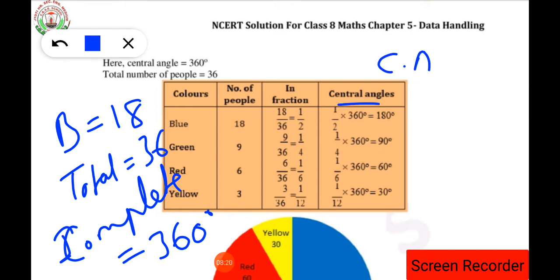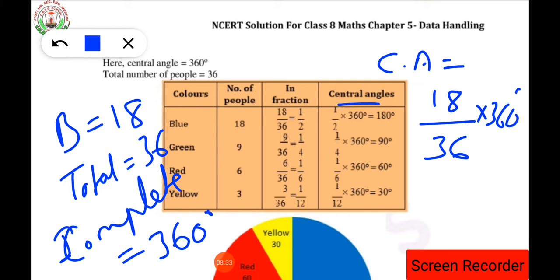So the central angle is equal to 18, the number of people who like blue, upon the total number of people, 36, into 360 degrees. And from where does the 360 degree come? From the formula itself, that is the angle of a circle. Now 36 ones are 36 and 36 tens are 360, it will get cancelled. So 18 into 10 will be how much? 180 degrees. Have you understood up to here?